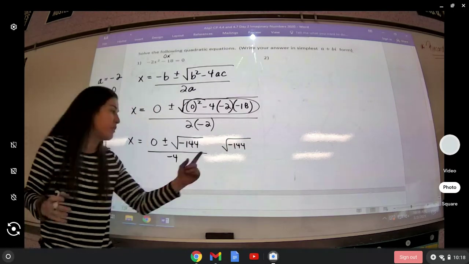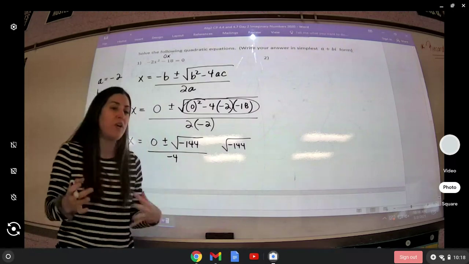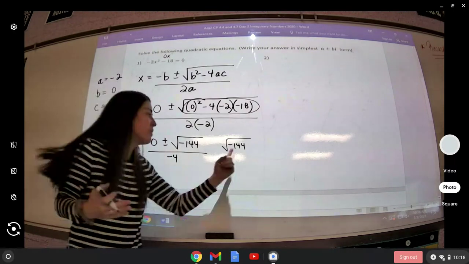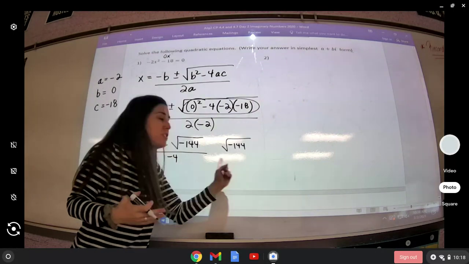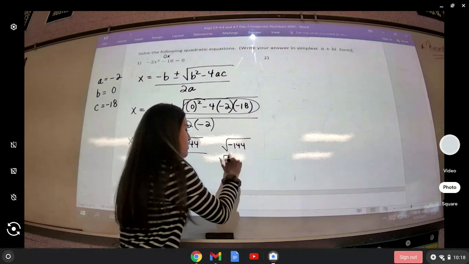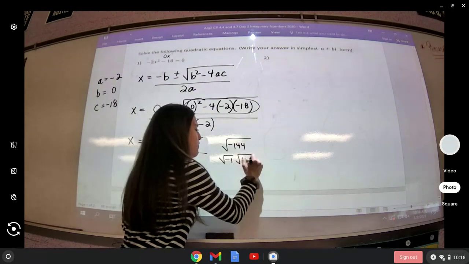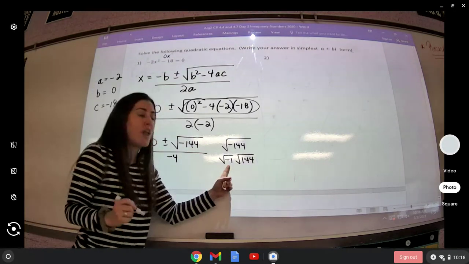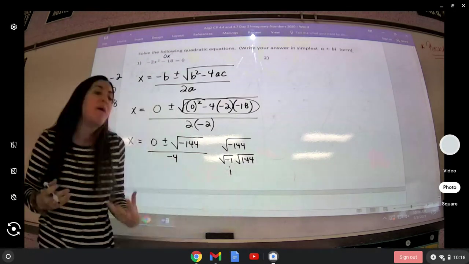We know that the square root of negative 144 is not a real number, guys. There's no real number that could make this true. So we know this is an imaginary number, and we have to clean it up. First, we're going to break it up into the square root of negative 1 times the square root of positive 144. Now we're going to replace the square root of negative 1 with i, because that's our imaginary unit i.